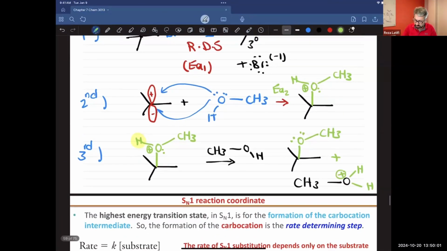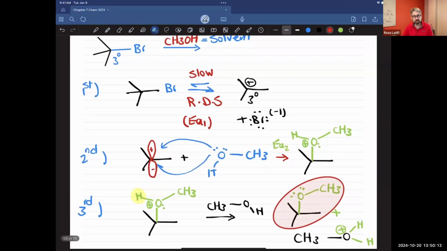Okay, so the final product will be this. I'm going to highlight the final product. This is going to be our final product. We got nucleophilic substitution. We technically replaced the bromide with a methoxide group.